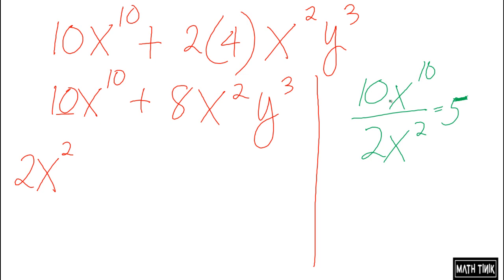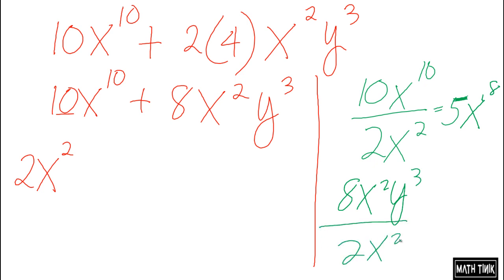Tapos, sa quotient rule, pag same base, you have to subtract the exponent. So, 10 minus 2, it will give you 8. Okay. Tapos, ito naman, si 8x squared y3, divide mo yan ng 2x squared. So, of course, 8 divided by 2, it will give you 4.